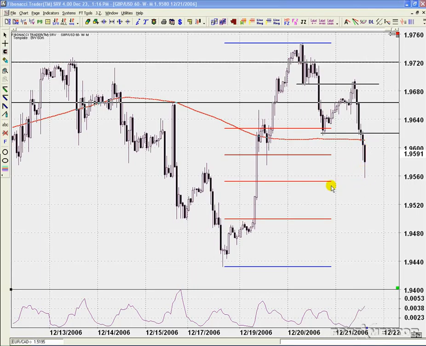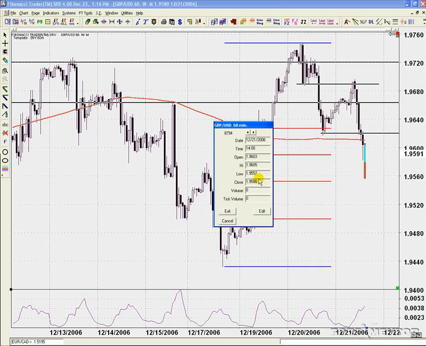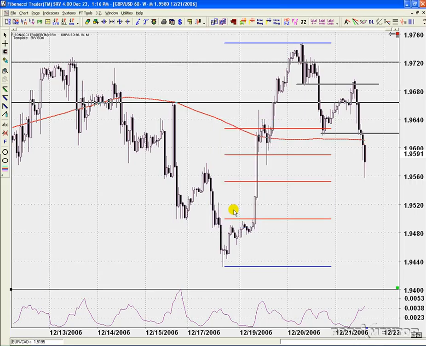Price comes down to the 62% retracement and responds from a low, even just to the close, although it probably went higher, 57 to 80. So 23 pips from the low just to the close here. Of course, you're not going to get it right on, and you have to account for the spread. But a very strong reaction, and it probably went even higher off that price level.